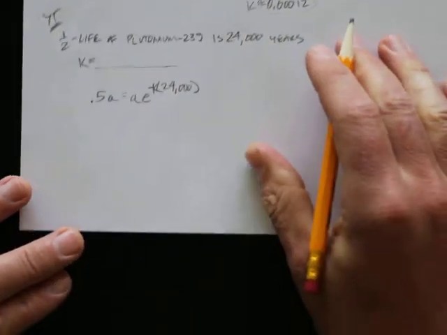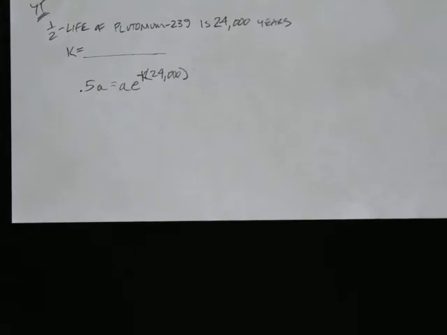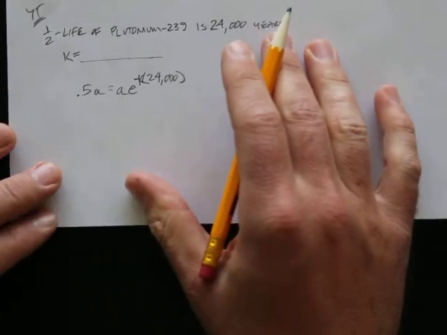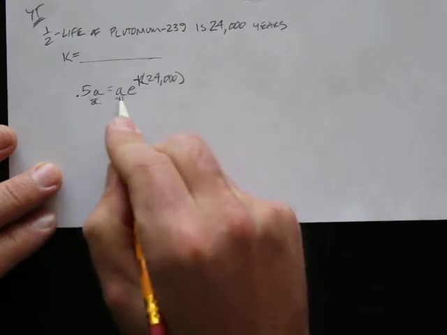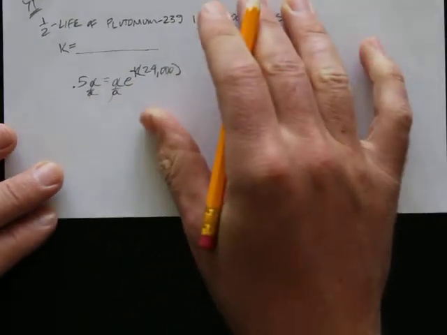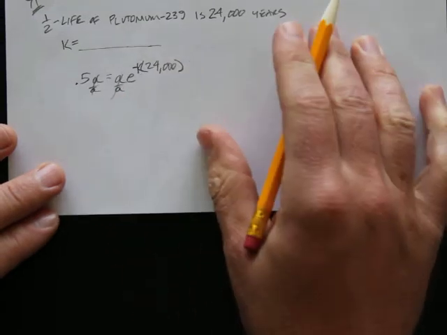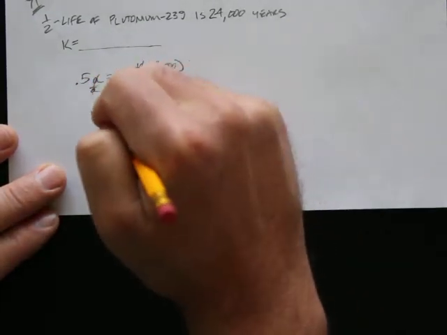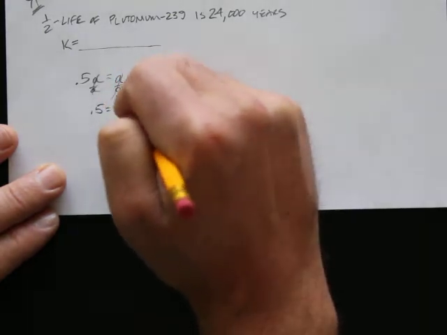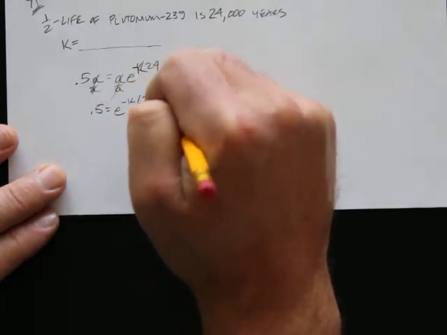There we go. Now I just solve for K. So what I do here, I divide A out of here. Yay. Now I just have one variable left to solve for. 0.5 equals e to the negative k times 24,000.